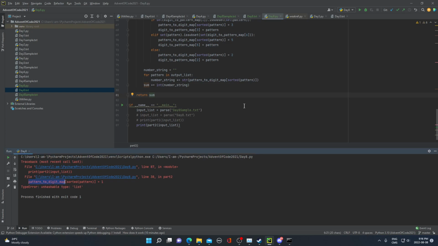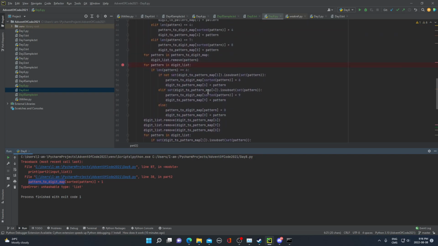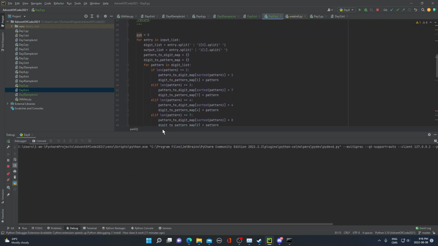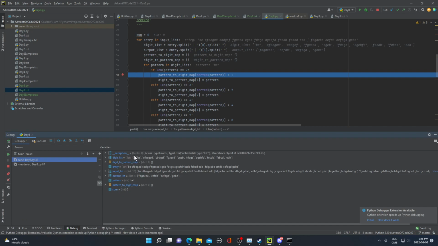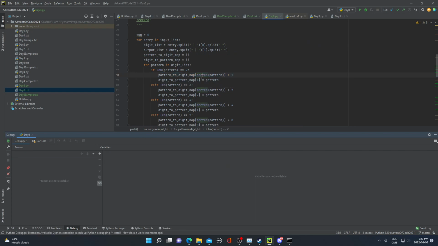What in the world is unhashable? Oh, did I screw this up? One sec. Sorted returns a list. That's annoying. I want it just to be a string.